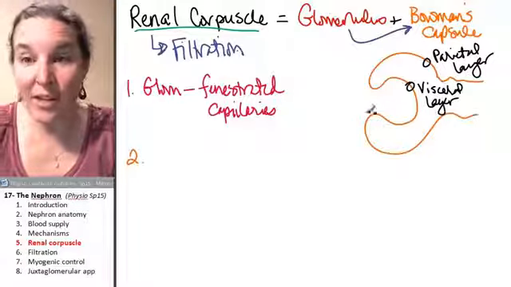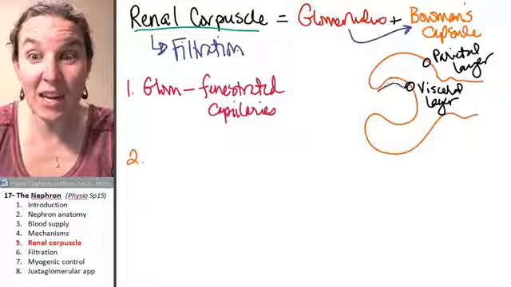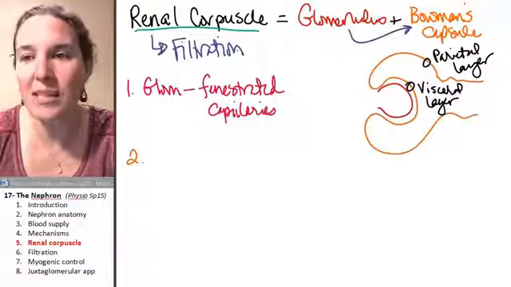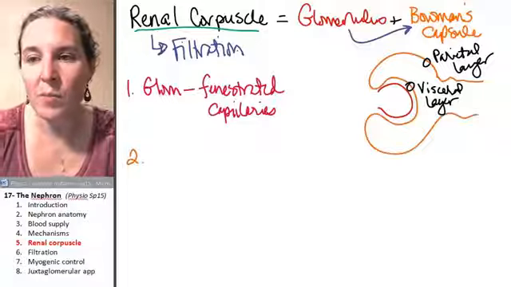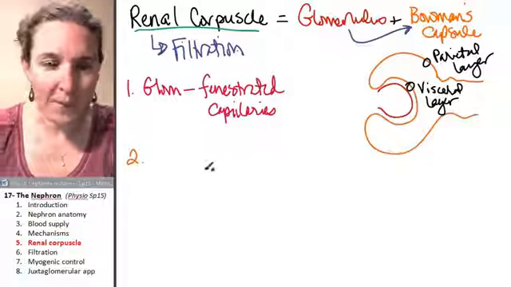And the visceral layer is tight to this knot of fenestrated capillaries. So the visceral layer of Bowman's capsule is unique, and I have to draw it for you. That's how my brain works. Learn something new about me every day.